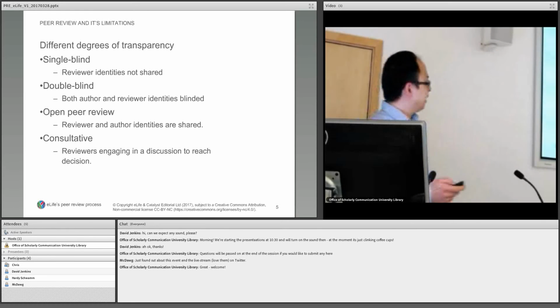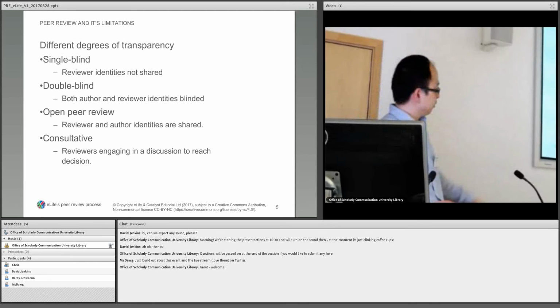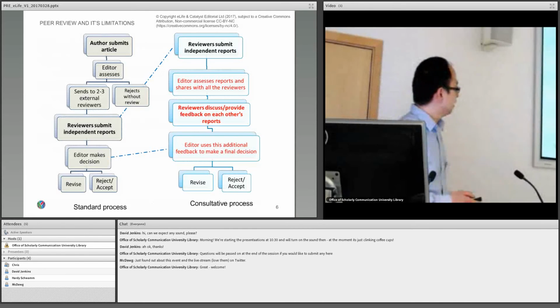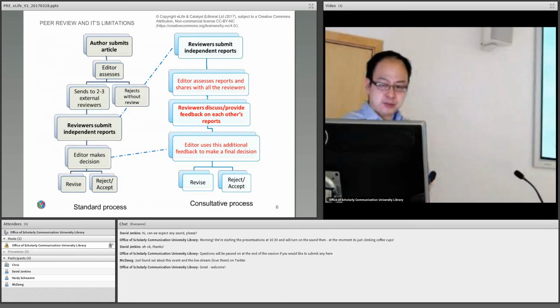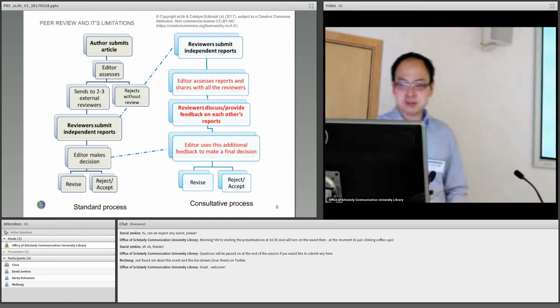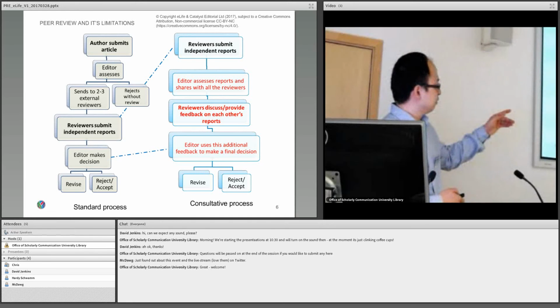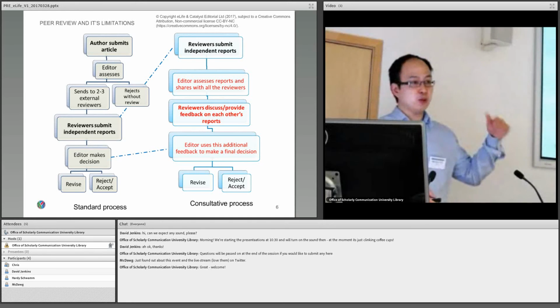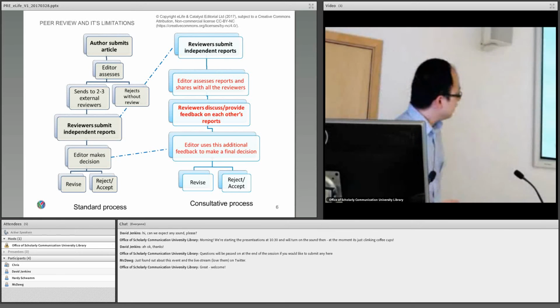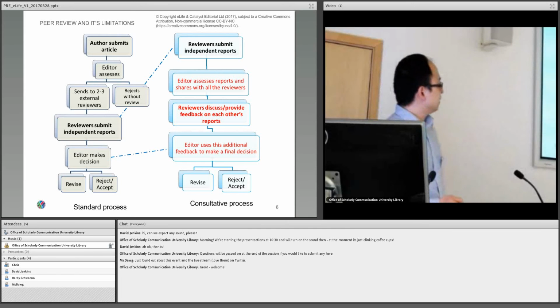If we compare the traditional peer review on the left with the consultative peer review process on the right, both will have the reviewers submitting independent reports. But then the reviewers will come together and discuss the concerns, and based on this discussion, the editor will make a decision.